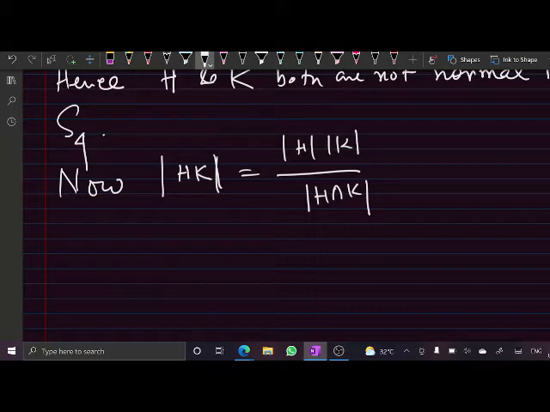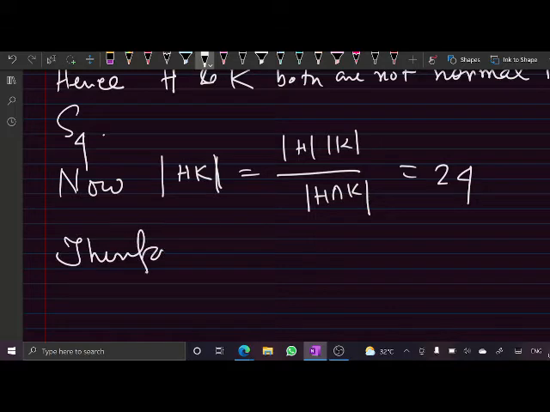Singleton E. Yes. So therefore it is 24. Okay. Therefore from this one you can say that S4 is actually the product of H and K.